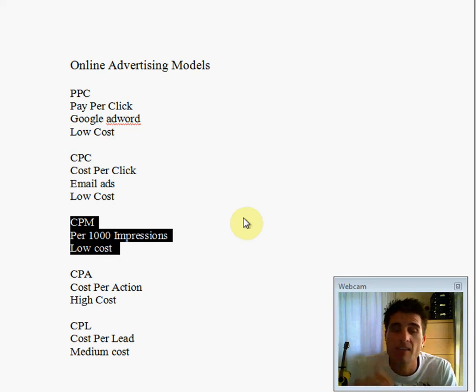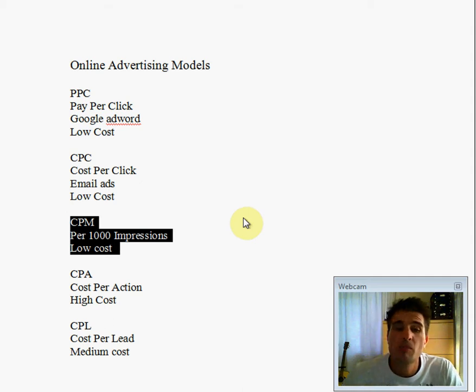So every 1,000 times that thing is displayed, you pay that once. You obviously set up your campaign to a certain limit, so however many 1,000 times falls within that limit, but you are paying per 1,000 impressions, per 1,000 times it is displayed online. It can also be a very low cost way of traffic, and great for testing out campaigns.